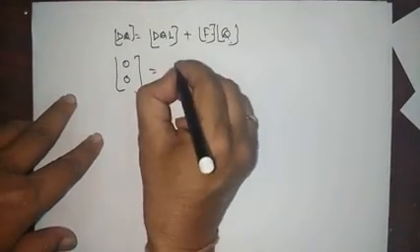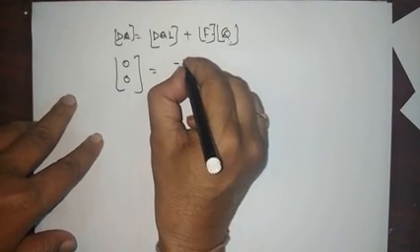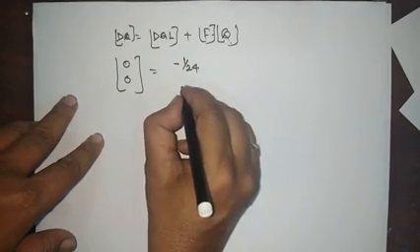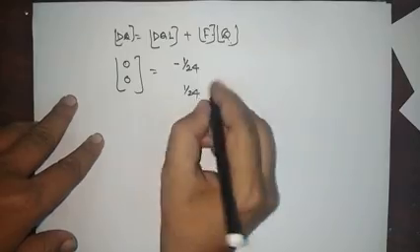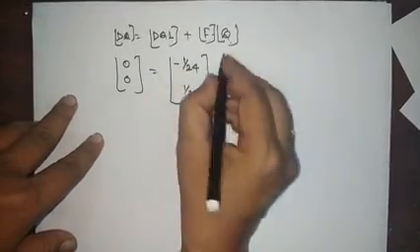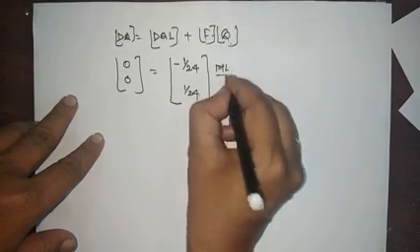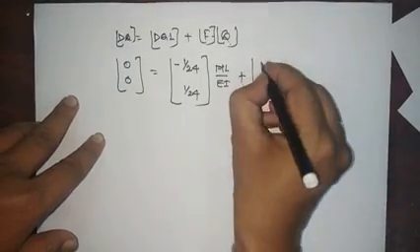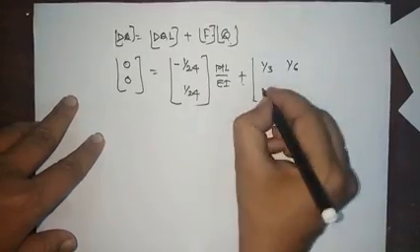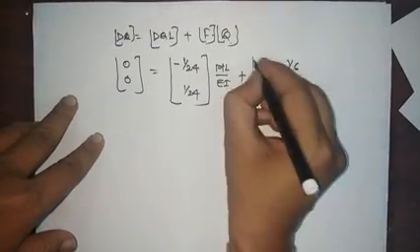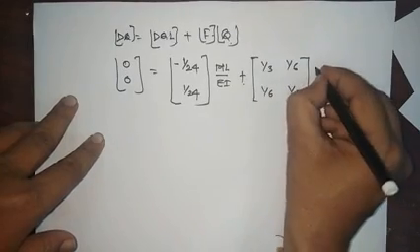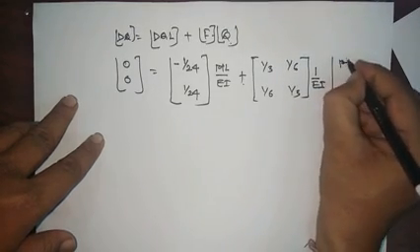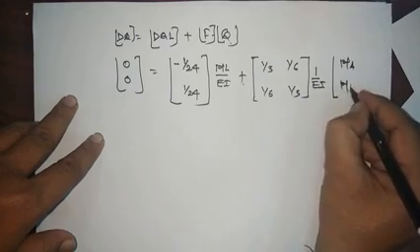Here is minus 1 by 24 and plus 1 by 24, we take common ml by EI, then plus 1 by 3, 1 by 6, 1 by 6, 1 by 3, that is 1 upon EI into MA and MB.